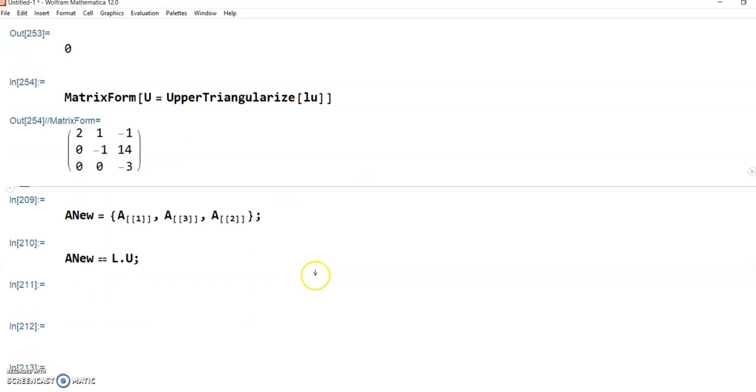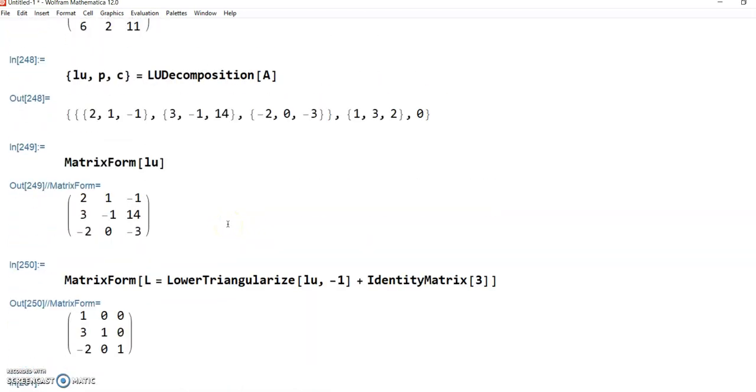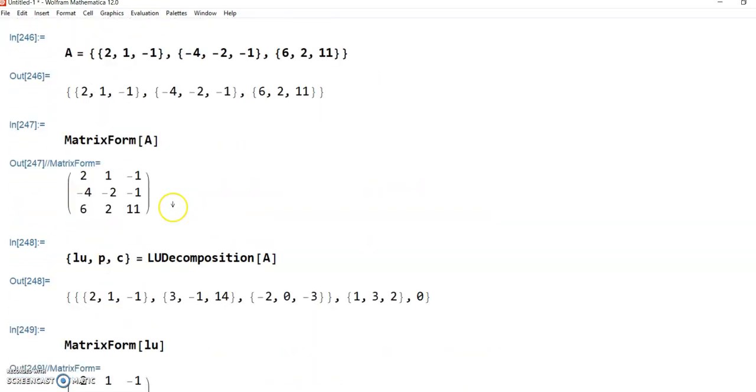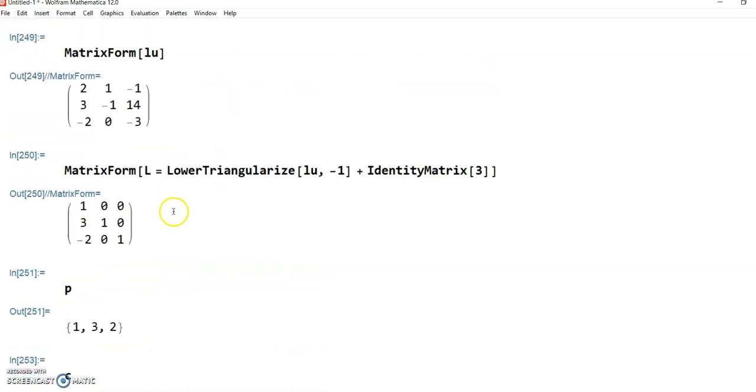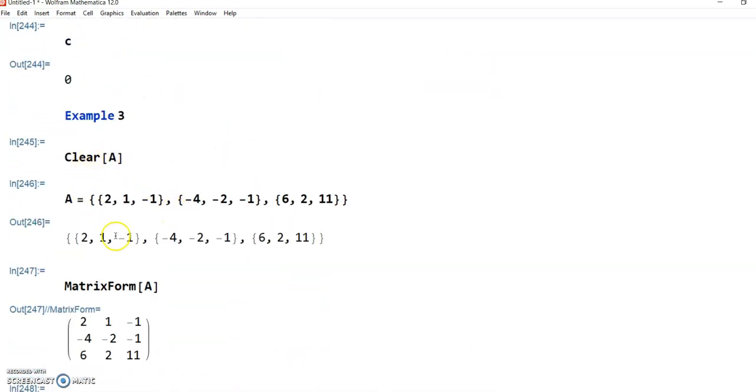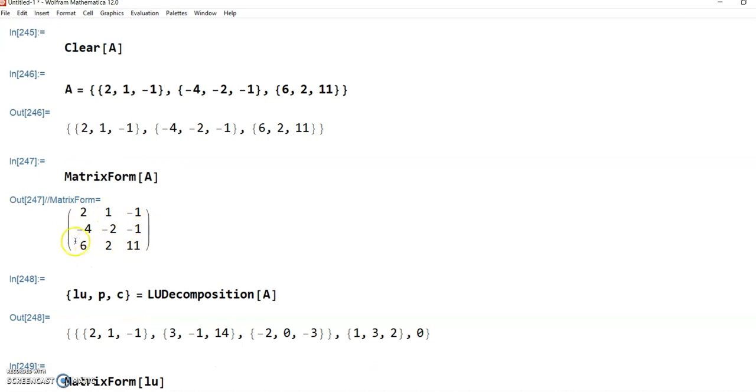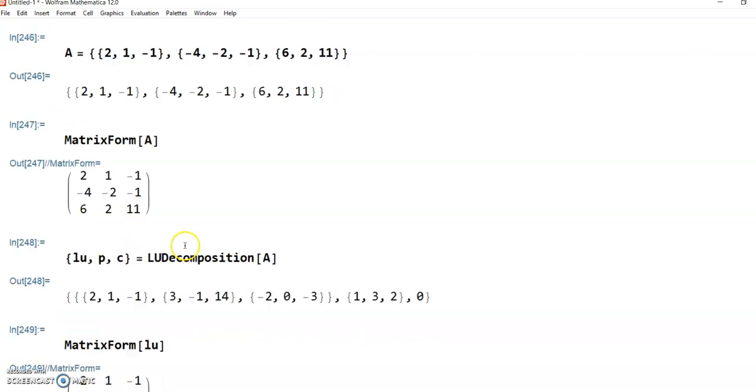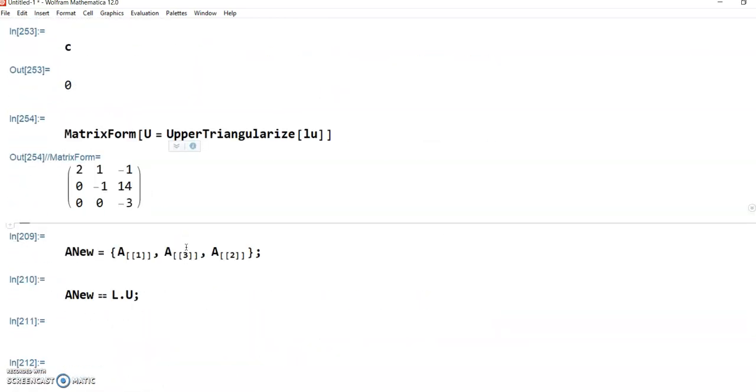And in this case, if we want to verify it, of course we cannot perform the verification with the original matrix. Okay, this is the original matrix. We cannot perform the verification with the original matrix because now the matrix has been changed. Since the matrix has been changed, we have to define a new matrix.